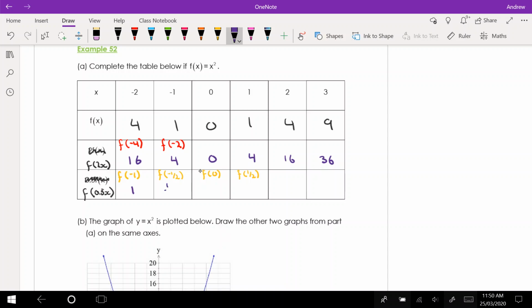So this is going to be 1 over 4. 0 squared is 0. Half squared is 1 over 4. Then that's going to be 1. What's 3 divided by 2? 1.5, or 3 over 2. What's 3 over 2 squared? 9 over 4.